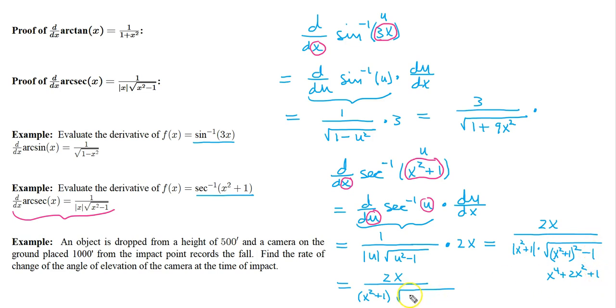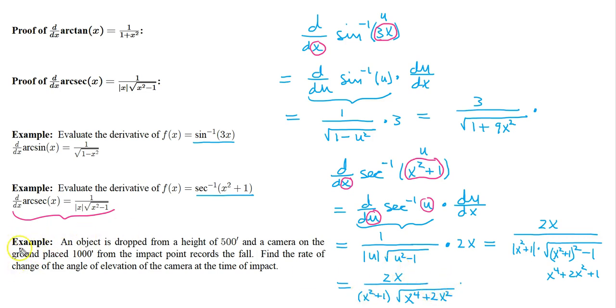And then so we're going to have down here, and we have our answer. Just notice once again that I took away the absolute values because x squared plus 1 is always a positive number, but I could have left them there. There's nothing wrong with that.